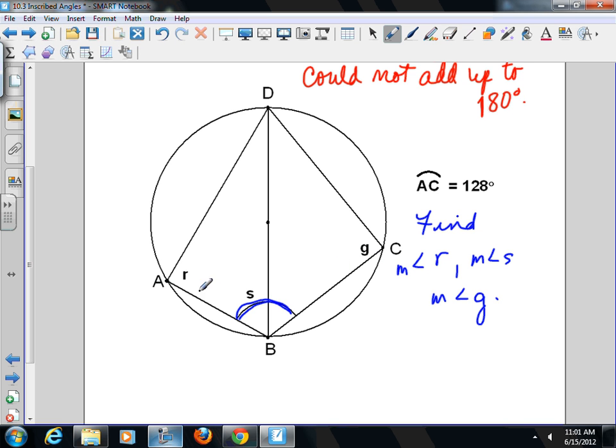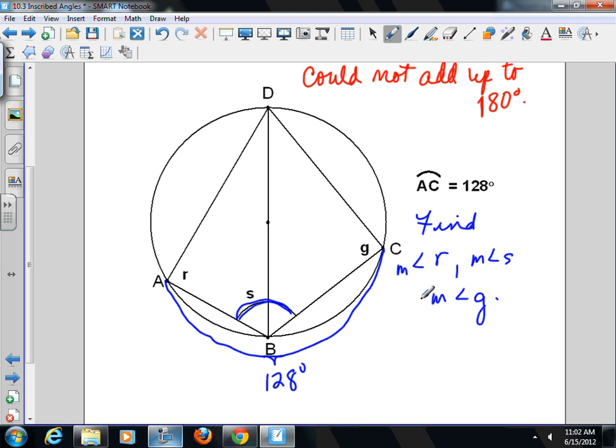Okay, now we're given that AC is 128 degrees. And that must be the minor arc. So I actually want to show this part. This is your minor arc. That's 128 degrees right here. Okay, if it had been the major arc, the other arc, it would have been ADC.